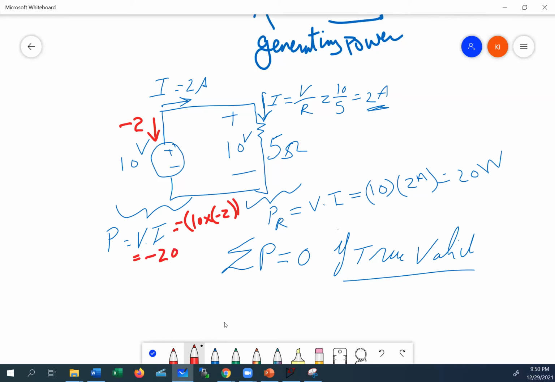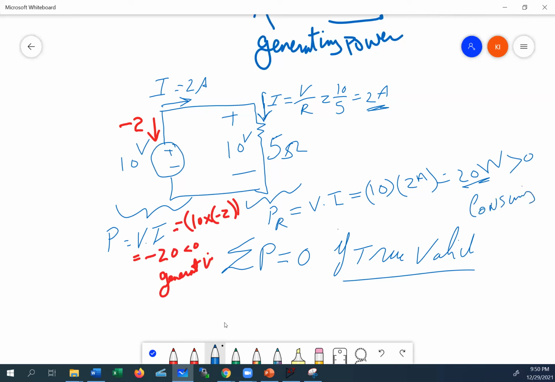So if we know that this is less than 0, this is actually generating power, it's an active device, and we know that this one is positive, therefore it is consuming power.